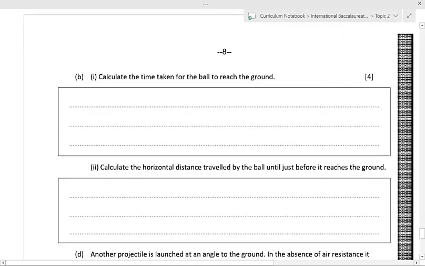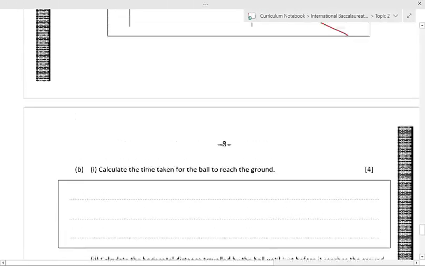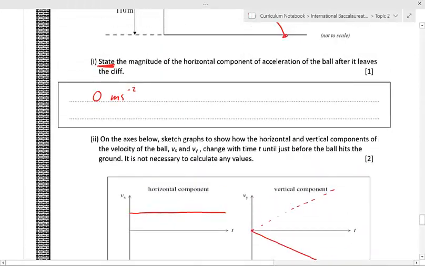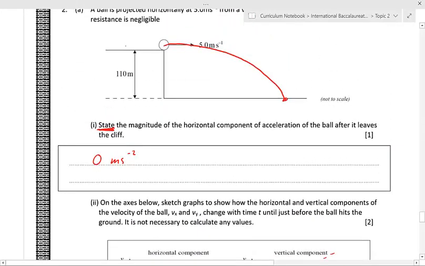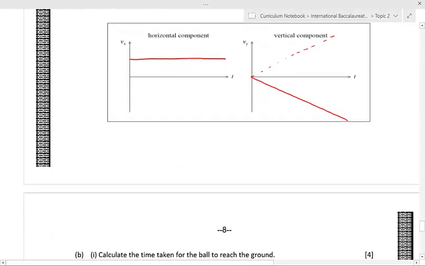Calculate the time taken for the ball to reach the ground. Okay, so it was 110 meters above the ground to begin with, and it started off traveling only horizontally, so we just need to figure out, using the vertical information, how long it takes to drop 110 meters.